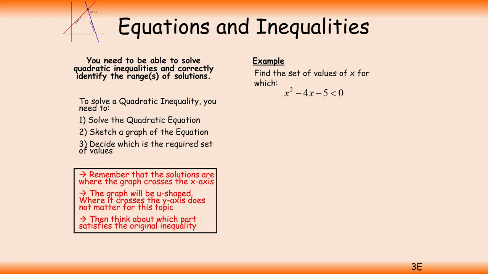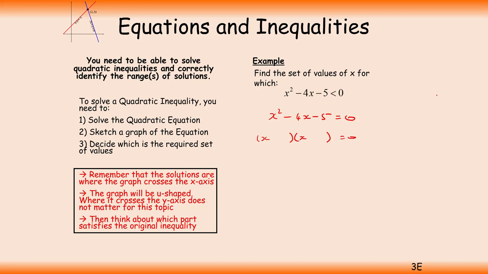So we take our x squared minus 4x minus 5, and we say it's equal to 0, and we solve it as a regular quadratic. So I've got x and another x here equals 0.